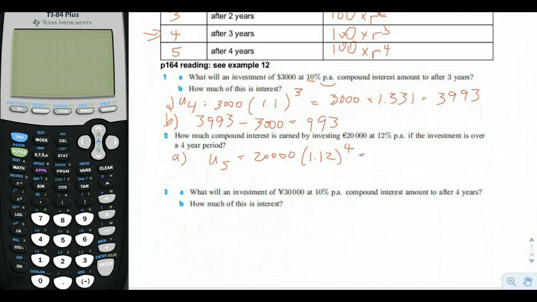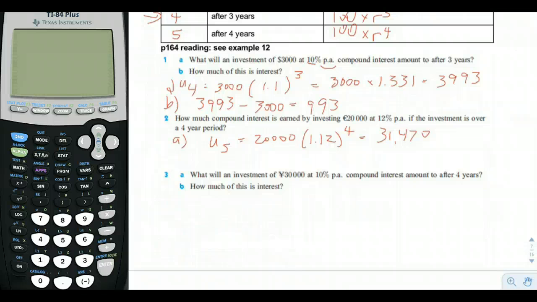So that'll be 1.12 to the fourth. I think it'll be 31,470.